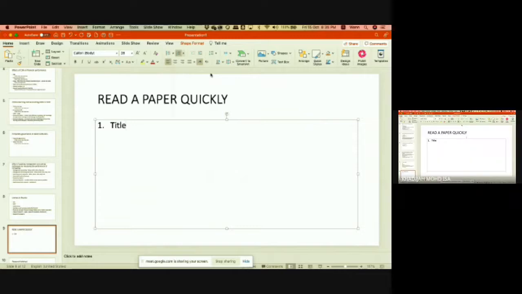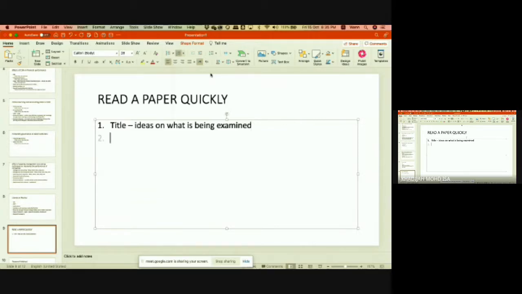Okay, I think the first one is that we look at the title of the paper. From the title, it gives you ideas on what is being examined. For example, just now we went through the title of your research, so it gives you ideas on what is actually being examined.